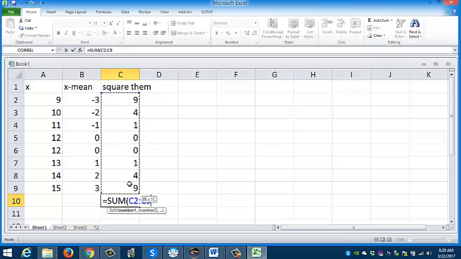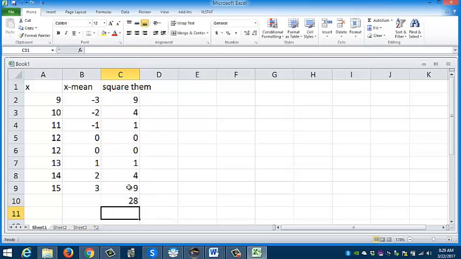And what it types for me when I highlight those, it says C2 colon C9. Yeah, I highlighted what it was I wanted to add. And then what am I going to do? I'm going to close the parenthesis and press Enter. 28.